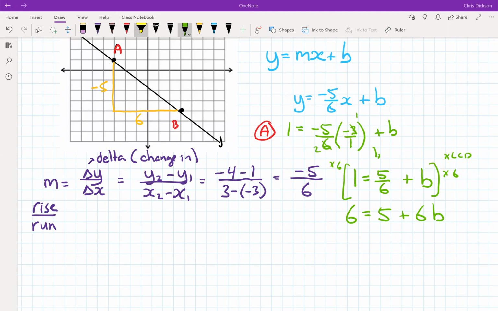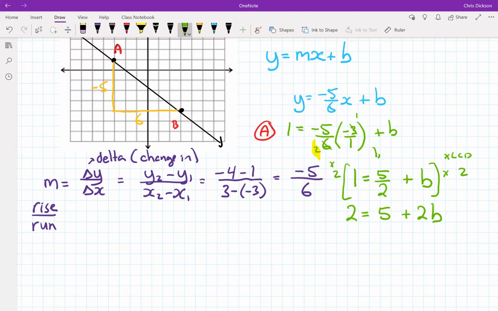So let's go back there a bit. Remember I said that I reduced it down to a 2 here, which meant it should have actually been a 2 on the bottom. Okay, because it would have been 15 over 6, which we'd reduce down to 5 over 2. So my LCD is actually 2 here. So I'm going to times both sides by 2, not by 6. So that would give me 2 equals 5 plus 2b.